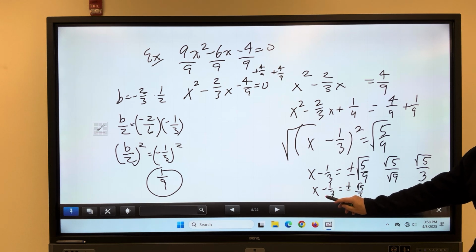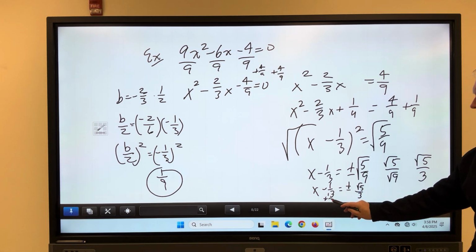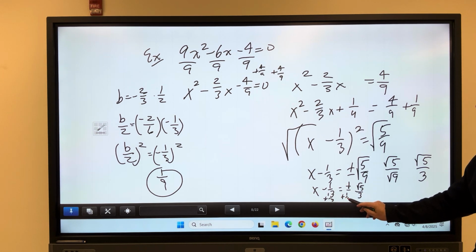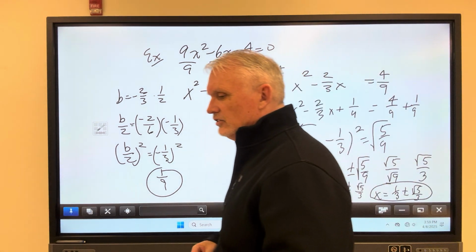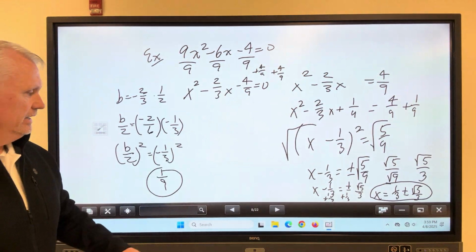Move this to the other side, add a third. I'm going to put it out front. x is equal to 1/3 plus or minus the square root of 5 over 3. That is a good answer. That's a whole lot of work. Completing the square.